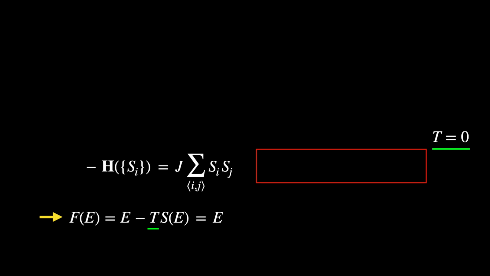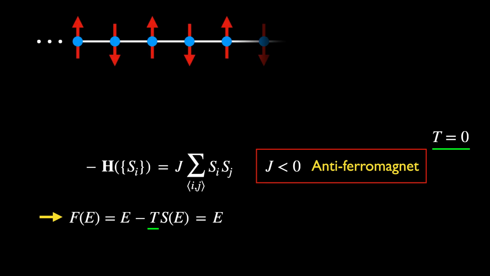On the other hand, when the coupling J is negative, we have what is known as the antiferromagnetic phases, where the spins are staggered, like these two configurations.